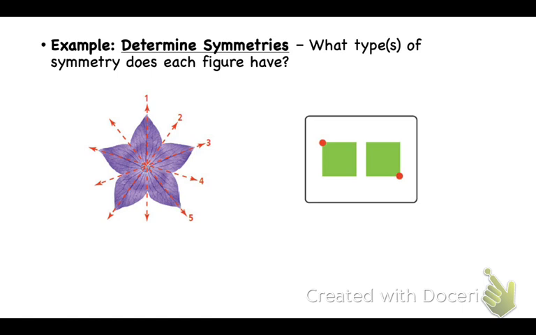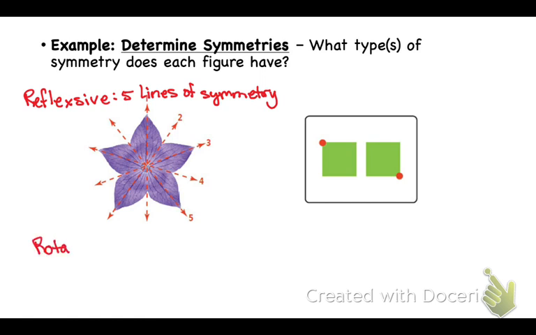So we're going to say reflexive, five lines of symmetry. And rotational. By what degrees?